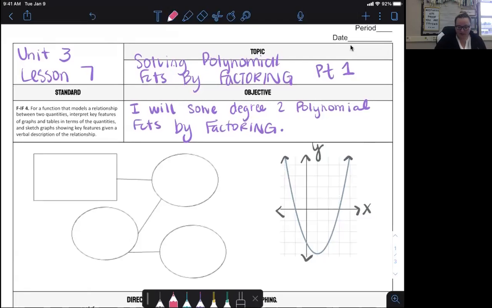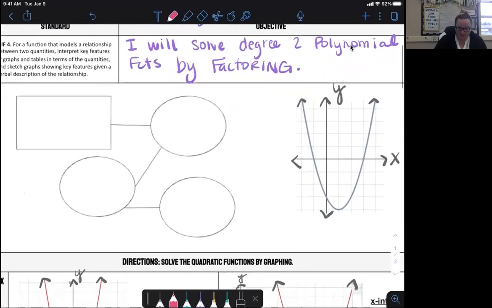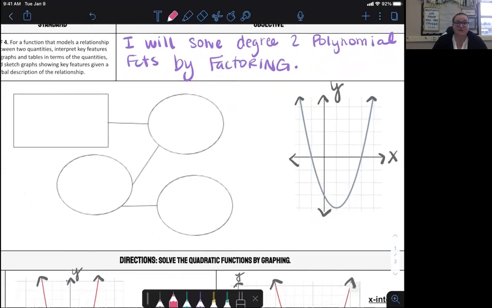So if we go ahead and get started here, we've got some notes that we're going to write for ourselves about what degree 2 polynomial functions are. So a degree 2 polynomial function is also known as quadratic functions or quadratic equations.